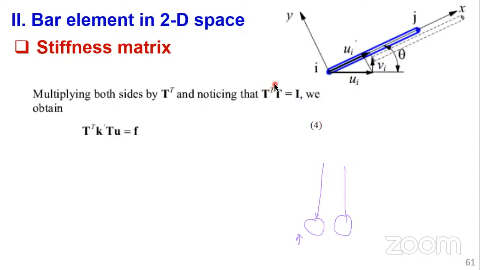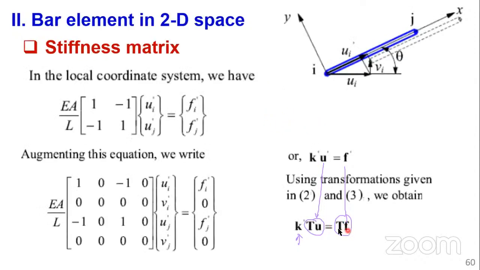Looking at this equation, we can pre-multiply. F prime is equal to K prime U prime. In the global coordinate system, of course, we already have the F and the U. If you remove this T, everything comes to this side, and you have the equation for the global coordinate system.